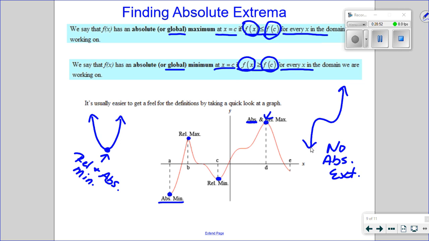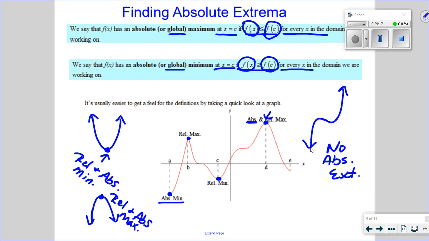If the parabola opened down instead of opening up, then the vertex would be considered a relative and absolute maximum. Anyway, just trying to highlight that there are many possibilities when you're reading or interpreting these graphs.